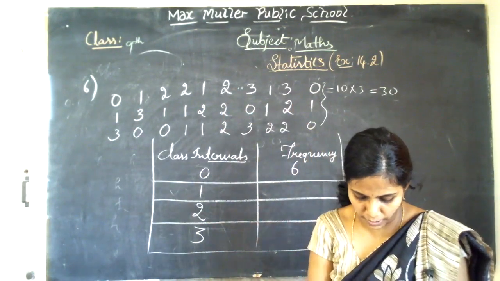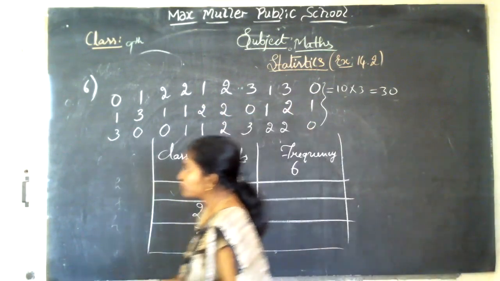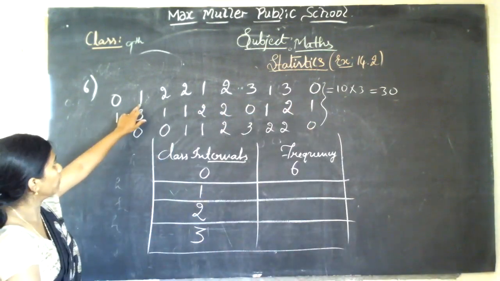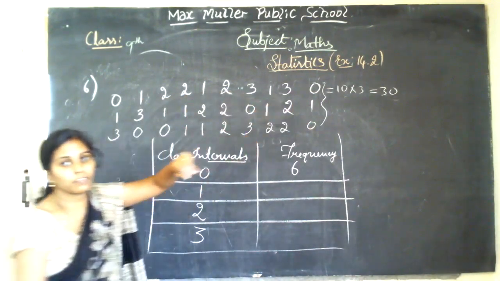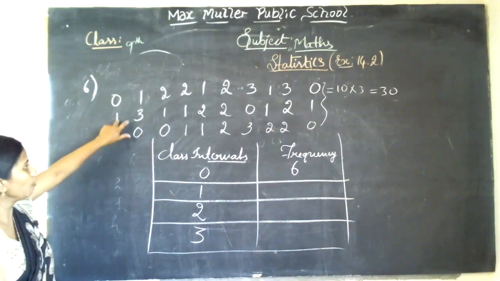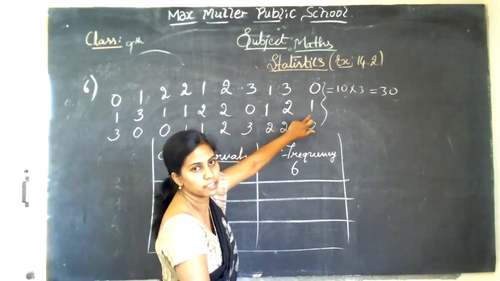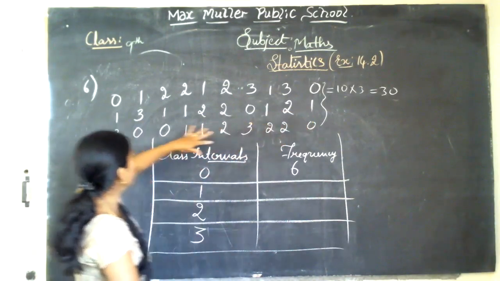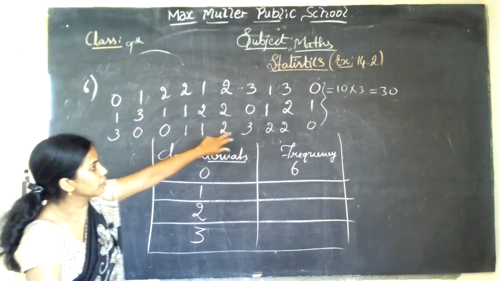Similarly, you can do it for the next one. For the 1, check it. First row, 1, 2, 3. In the first row, 3, 4, 5, 6, 7, 8. Second row, we have completed with 8. And the last row, 9, 10.